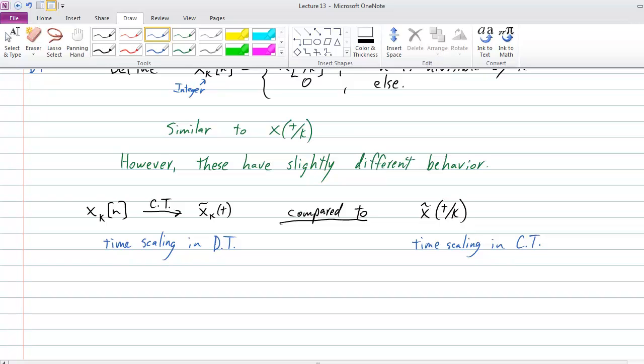So we talked about representing a Fourier series as a Fourier transform. We also talked about representing a discrete time signal as continuous time and vice versa. So we could have done this. We could have said, let me represent this as a discrete time signal. It's just a constant.